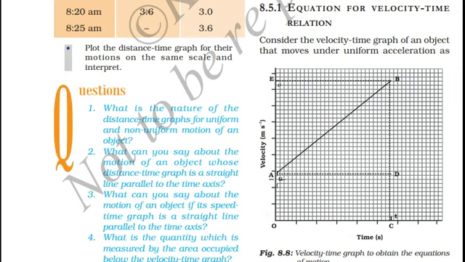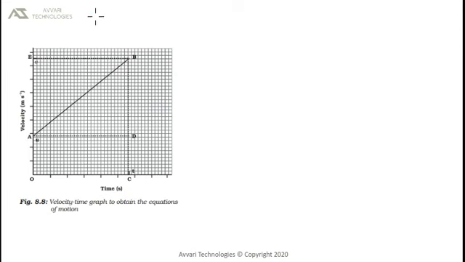We can notice there is a uniform acceleration. The rate of change of velocity over time is uniform. As the time increases, there is also a uniform change in velocity. Now let us derive V is equal to U plus AT.